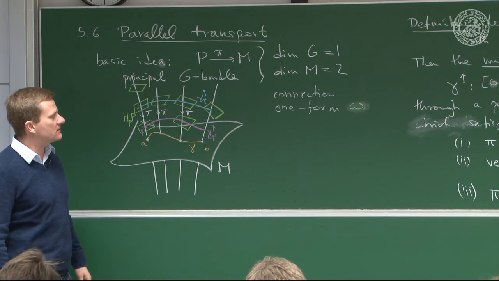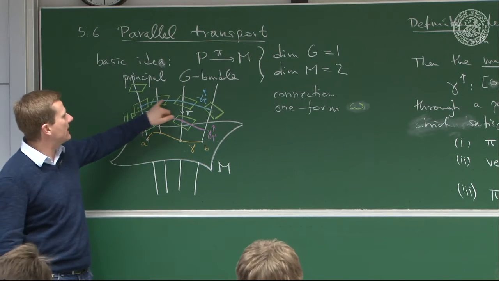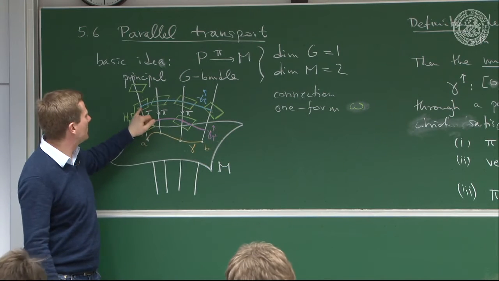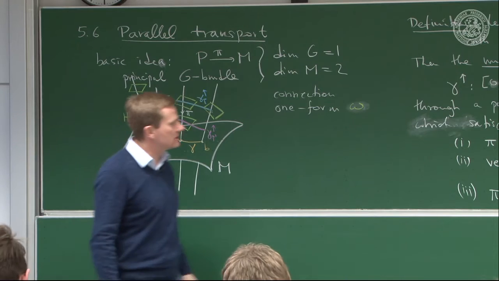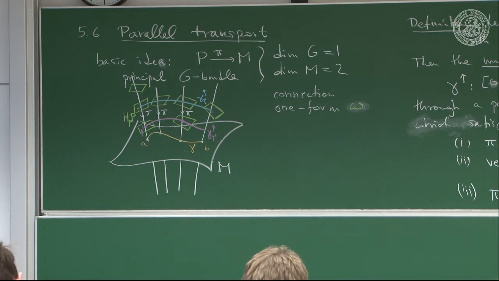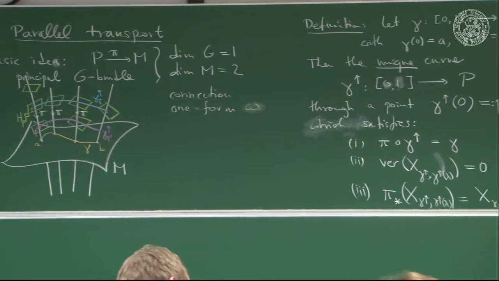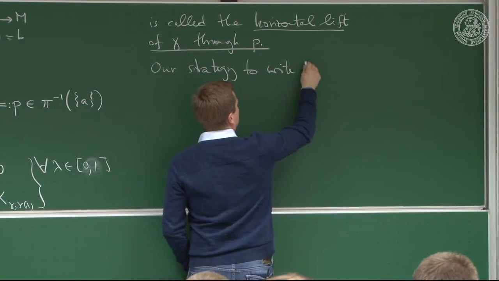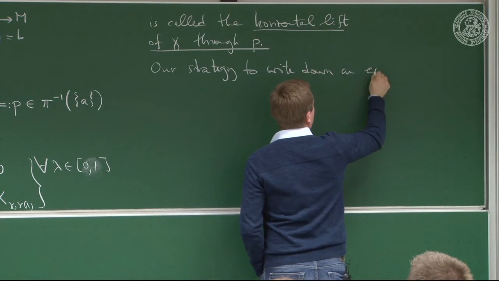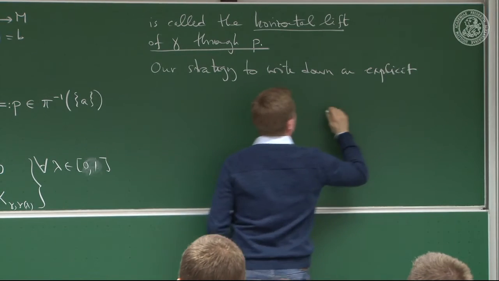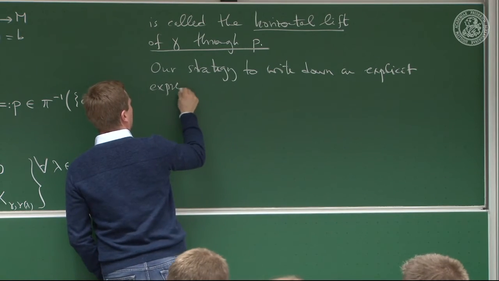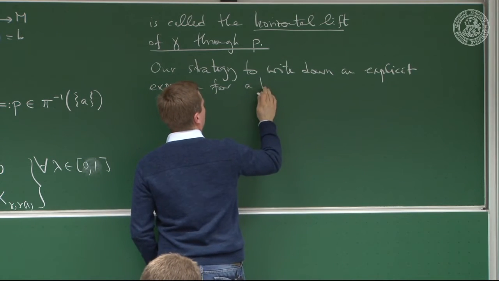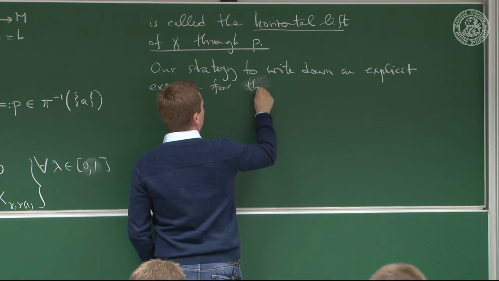Now we need a strategy to actually calculate and to write down an explicit expression for such a horizontal lift of a curve. So our strategy to write down an explicit expression for the horizontal lift.